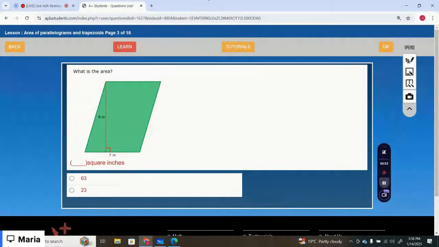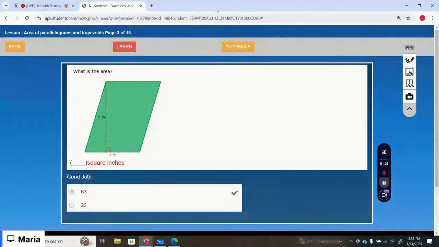Which is the correct option? That is 7 times 9 is 63. Option number 1 is the correct option.